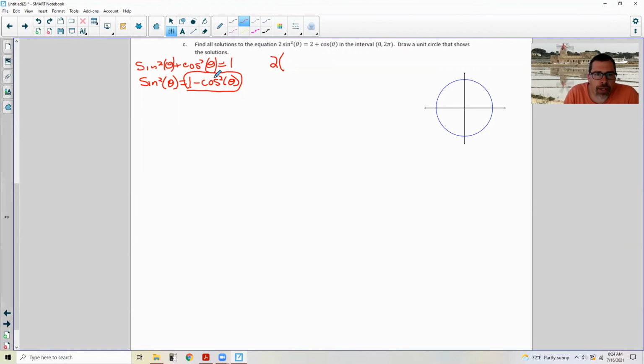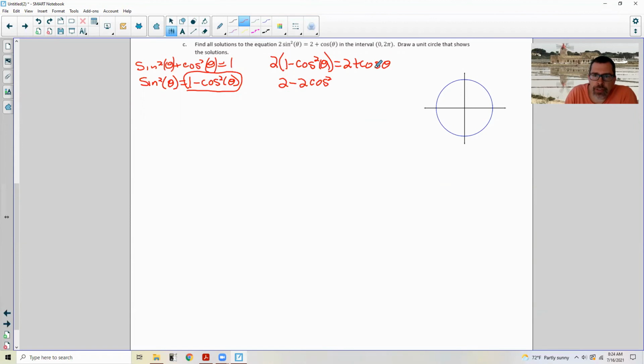And sine squared theta is 1 minus cosine squared theta, and that is going to equal 2 plus cosine of theta. Okay, so that's step 1. The next step is I'm going to distribute the 2. So 2 times 1 is 2, minus 2 times cosine squared theta is 2 cosine squared.